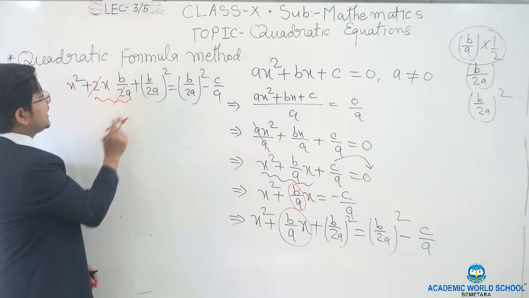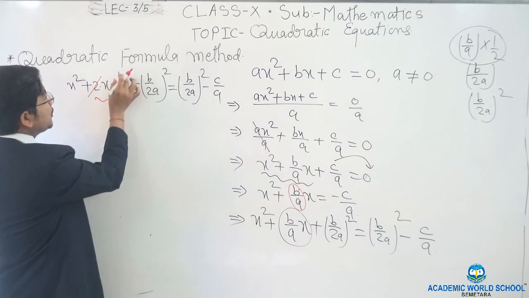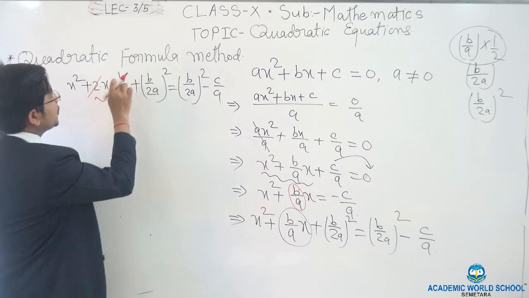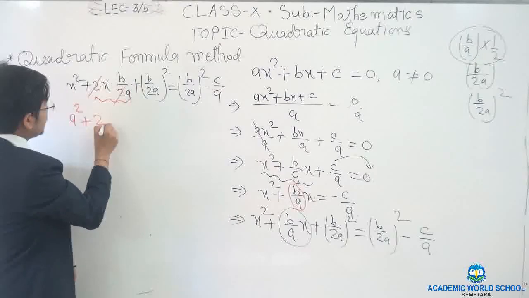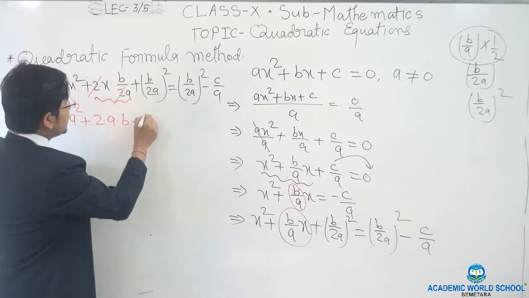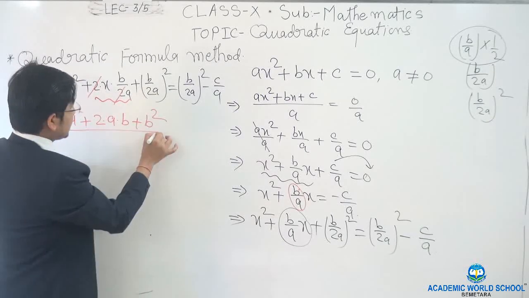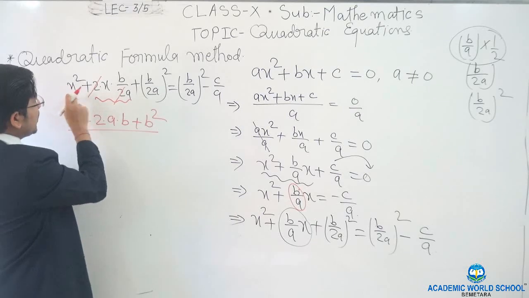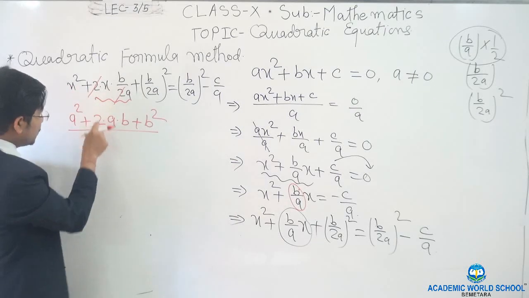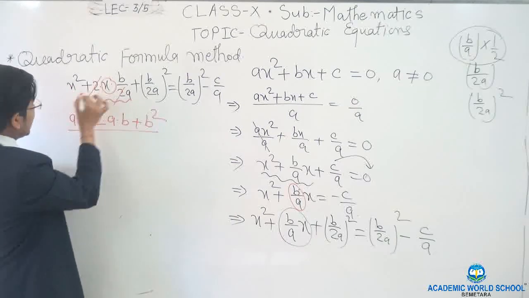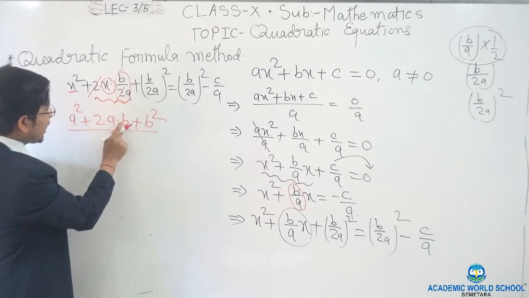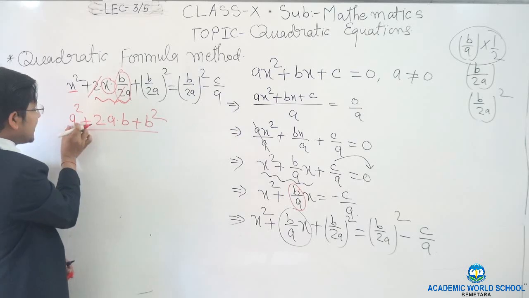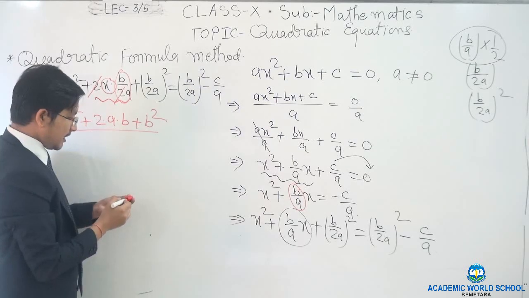So this is a square plus 2 into a into b plus b square, where a is x and b is b upon 2a. So I am getting a square plus 2ab plus b square.